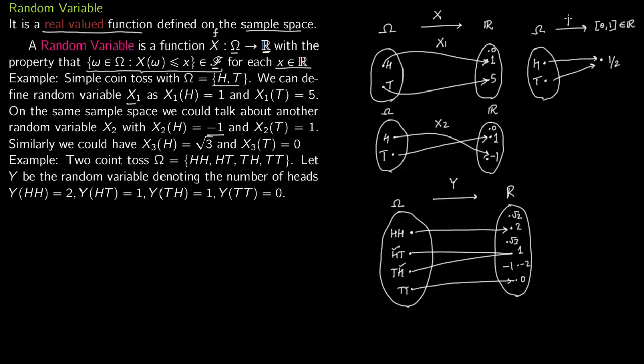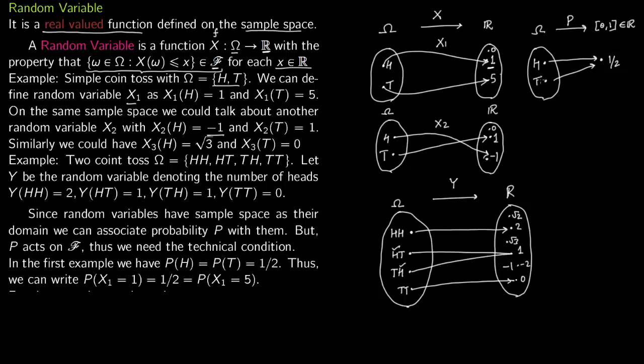So if you have the probability function acting on the sample space, you get half here, and that is precisely what we are going to use. When x1 takes on value 1, this 1 is associated with head, but the probability of head is half. So the probability that x1 takes on value 1 is half. The probability that x1 takes on value 5 is the same as the probability of tail, which is half, because this probability function is acting on the sample space too.